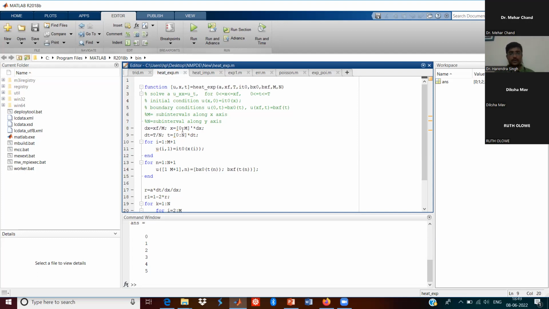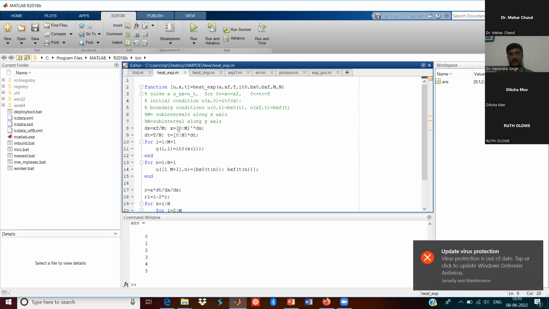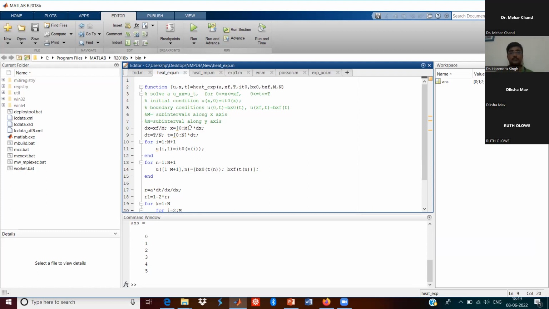The x-axis is the horizontal axis and the t-axis is the vertical axis. At one place we are taking transpose and at another place we are not, so you should be careful. Here I have not taken transpose, but along the x-axis we are taking transpose.